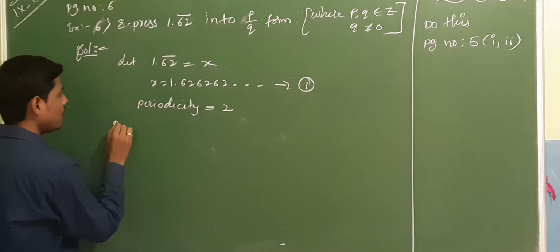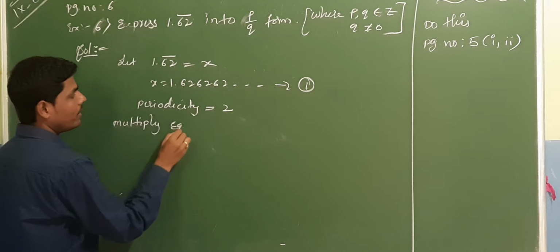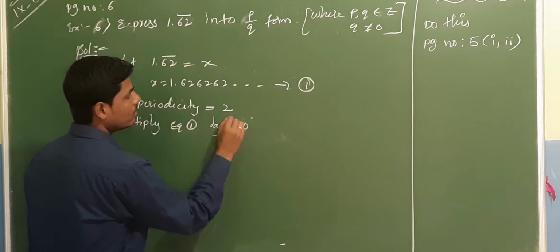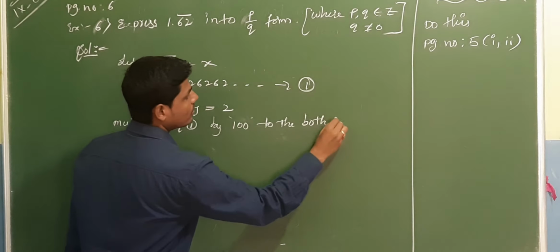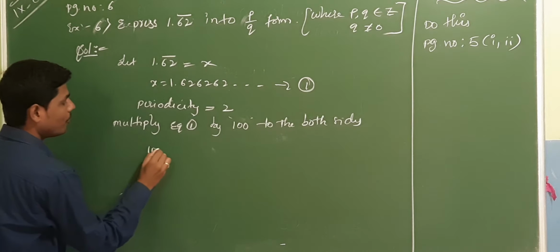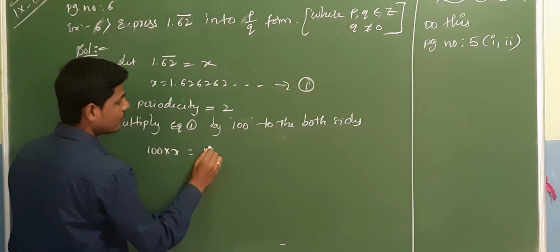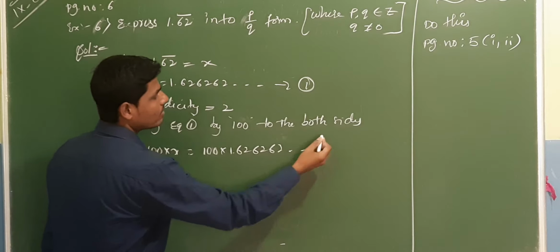Now multiply equation number 1 by 100 on both sides. That is 100 into x on this side, and 100 into 1.62, 62, 62 and so on.